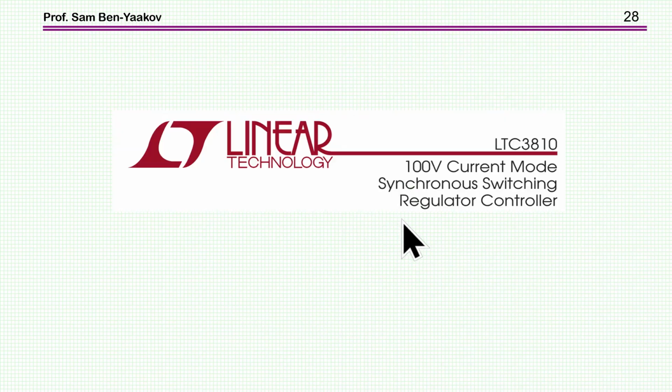So now I'm going to test a current mode controller. It's very similar to the earlier controller that I've shown, except that in this case it is current mode, same family in fact, and this also goes to 100 volt. So they are very similar controllers, except that one is voltage mode and this one is current mode.